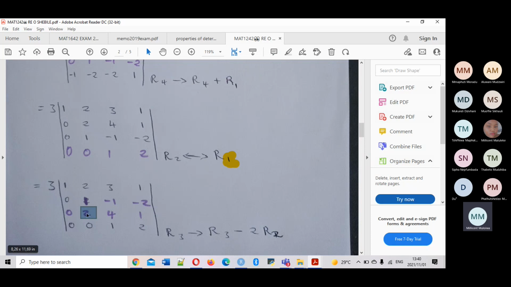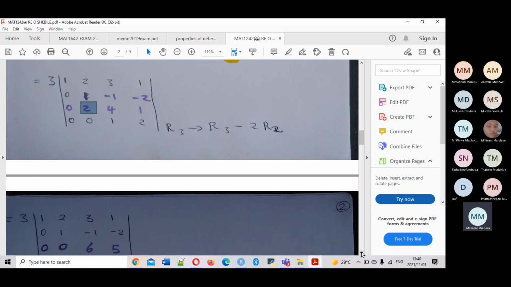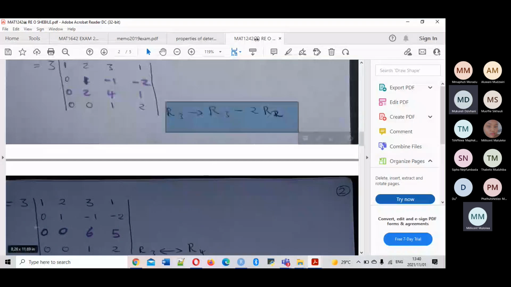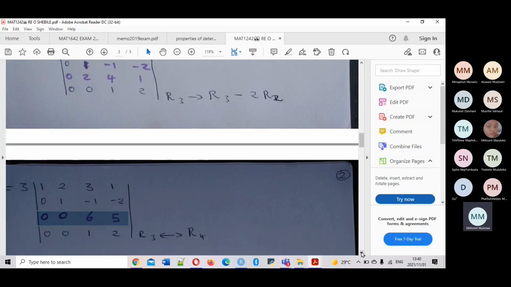Therefore, here we must have 0. So if you apply this row echelon form, you're going to have this on your row 3. On row 3, we're going to have this, and other rows will be the same.